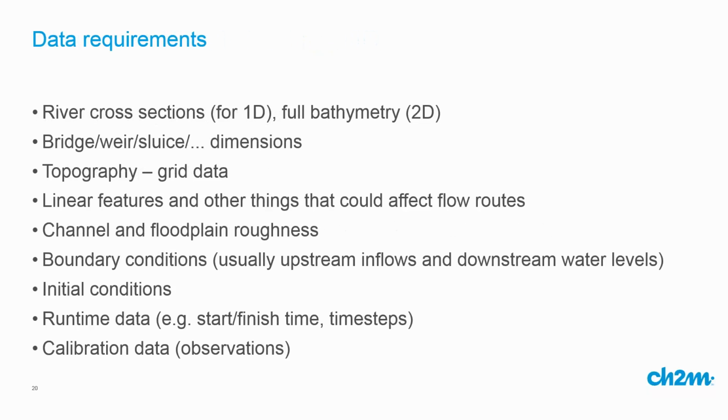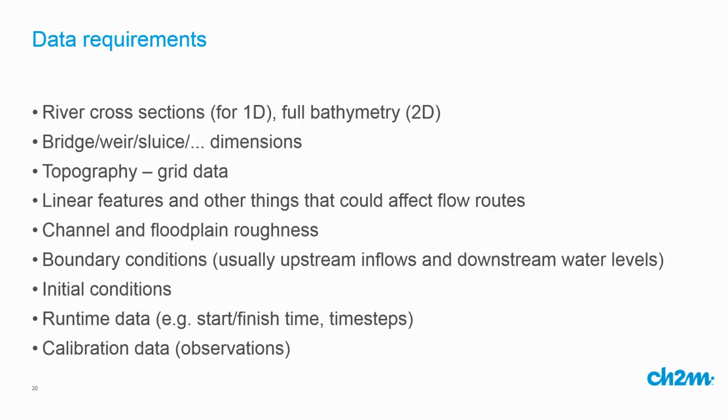The data, so let's now move on to some of the thinking about the data requirements for these types of models. Well, we're going to want river cross sections. As I said, normally we're not using a 2D method within the river, so river cross sections at key points within the system, perhaps every 50 or 100, 150 metres, and upstream and downstream of bridges and things like that is what we need.